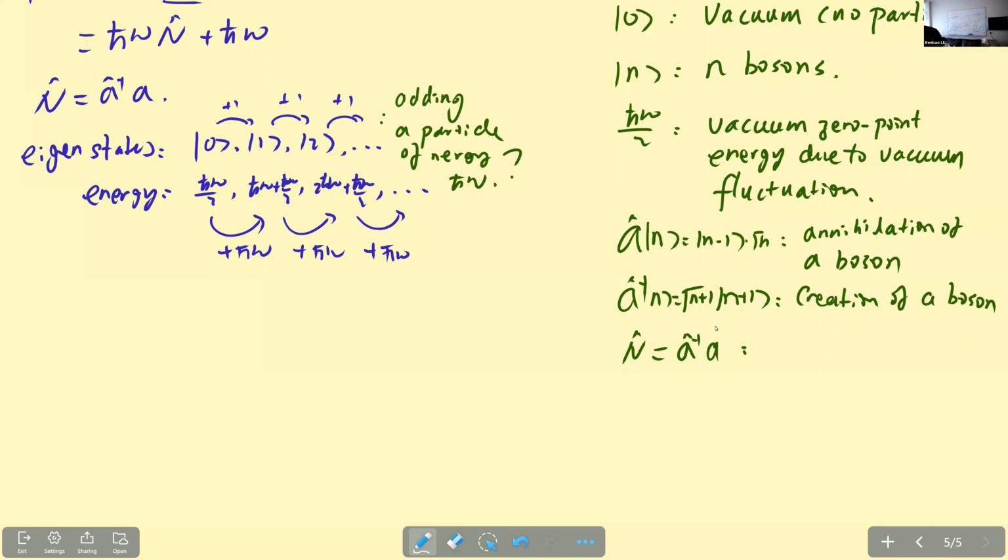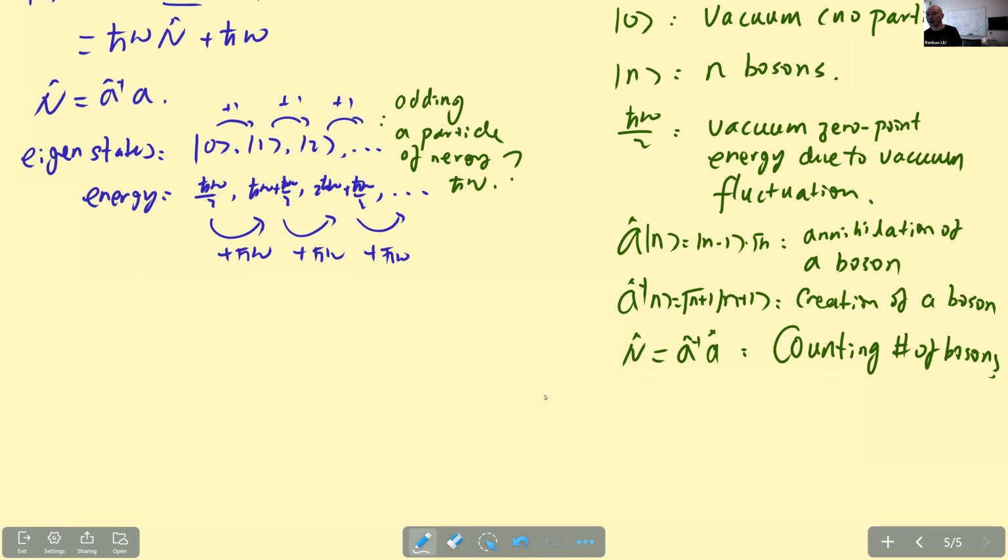What's the meaning of this? You look at this one. The n operator contains two operators. The first one is to remove a boson, and then the second step is to add in a boson. So that means you take away a boson and then put it back. So what are you doing? It's counting the number of bosons.